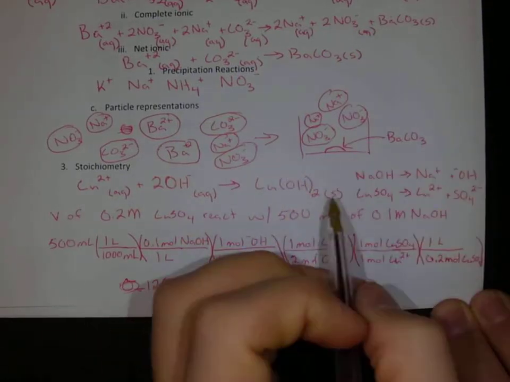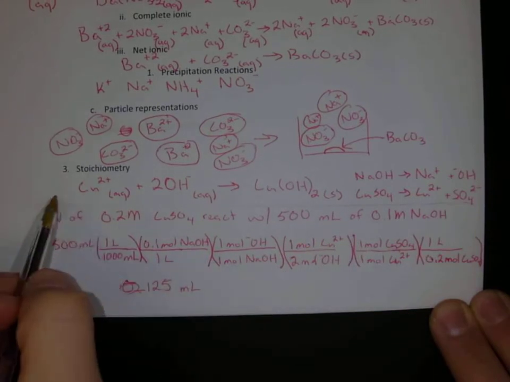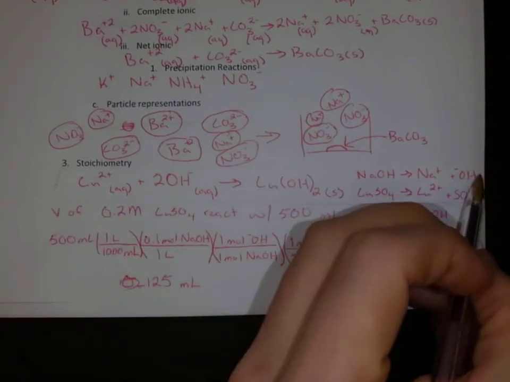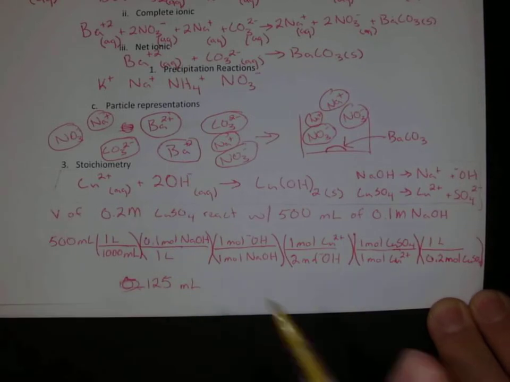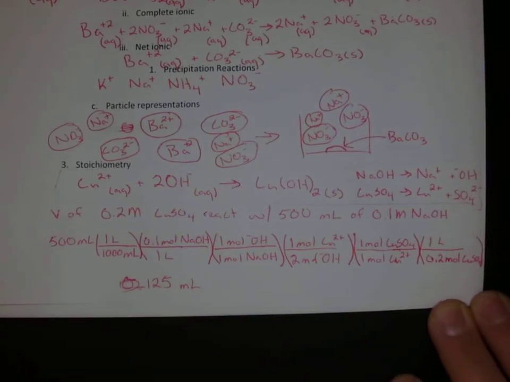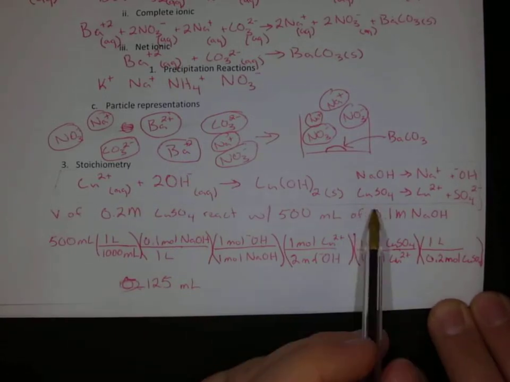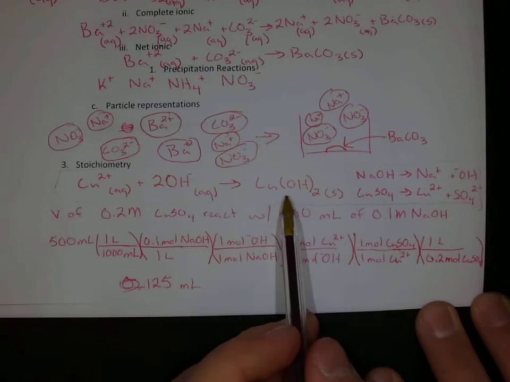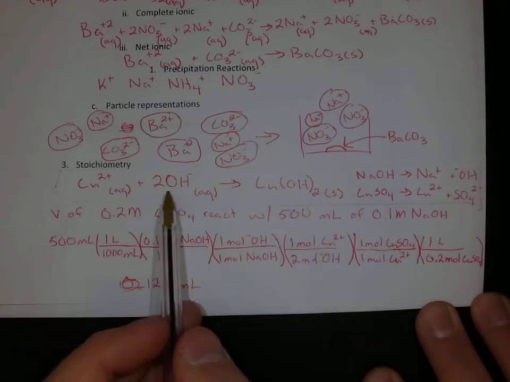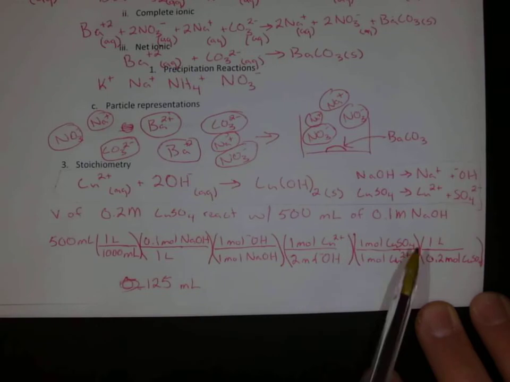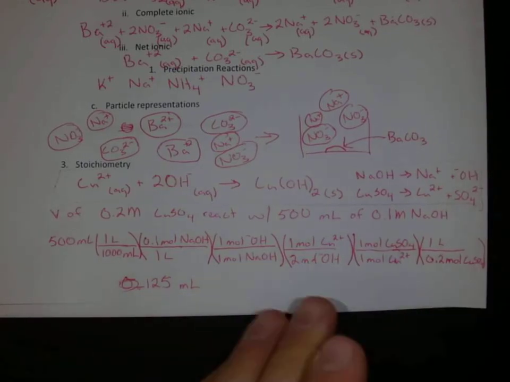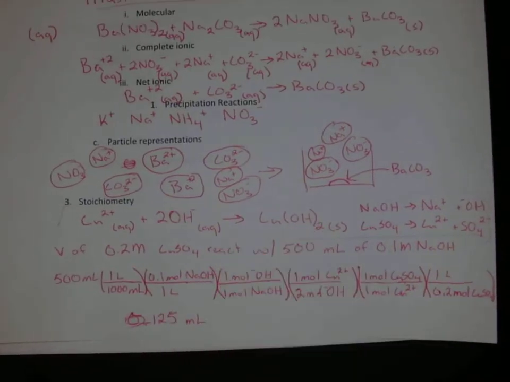These equations up here are all of the equations that I need, and I need to use the mole-to-mole ratios within those equations. So if I had copper hydroxide, I would get 2 hydroxides for 1 copper, okay? So we have to use our stoichiometric relationships, okay?